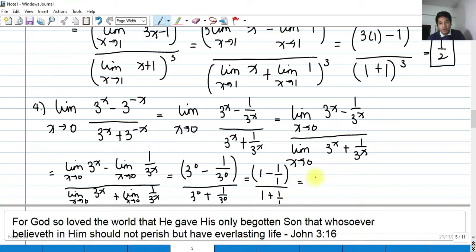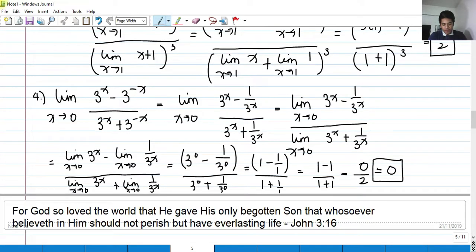So we have 1 minus 1 over 1 plus 1, which is 0 over 2. Notice that we have a 0 numerator. That's okay. We are trying to avoid only the denominator being 0. So 0 divided by 2, 0 divided by any nonzero number, is equal to 0. So that's the limit for this problem.